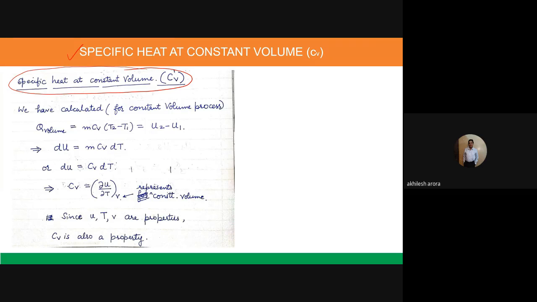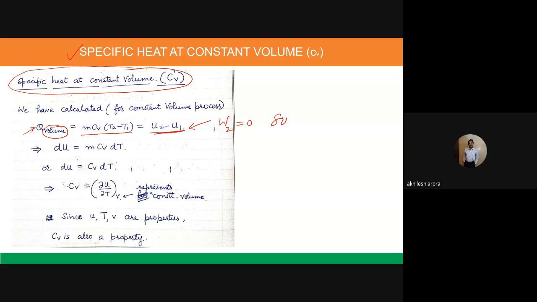So let us try to see what is the value of the heat transfer when the volume is constant. If there is a process in which volume is constant, the heat transfer is given by mCv (T2 minus T1), and this is also equal to U2 minus U1, that is change in internal energy. It is so because in a constant volume process, the work transfer is equal to 0.